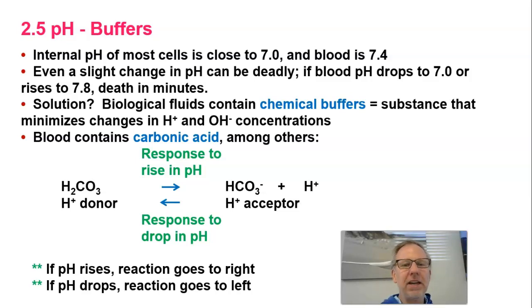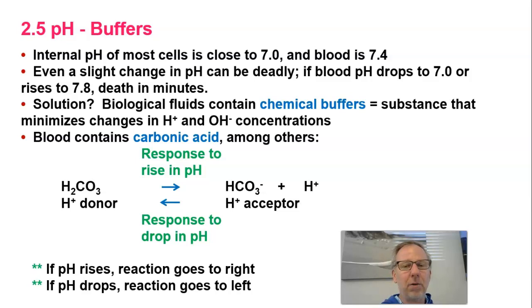If your blood pH begins to drop, that means it's becoming more acidic. That means you have too many hydrogen ions. It's becoming too acidic. You need to remove those hydrogen ions. You need to take them out of your blood. So what direction would this chemical reaction go to remove hydrogen ions and bring your pH back up to 7.4?